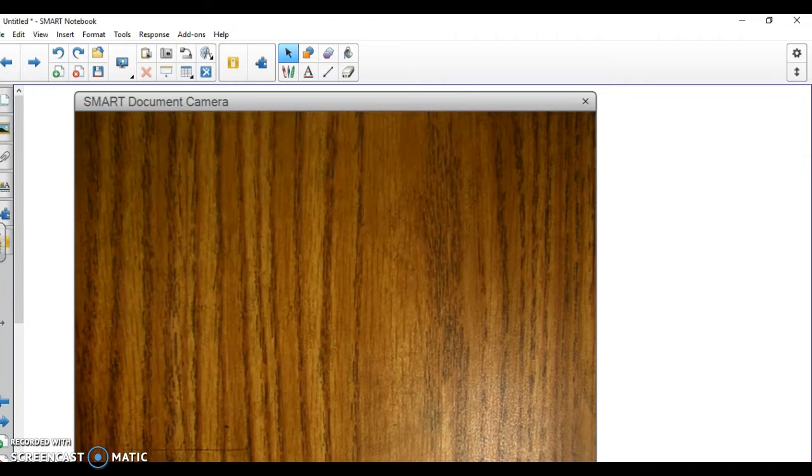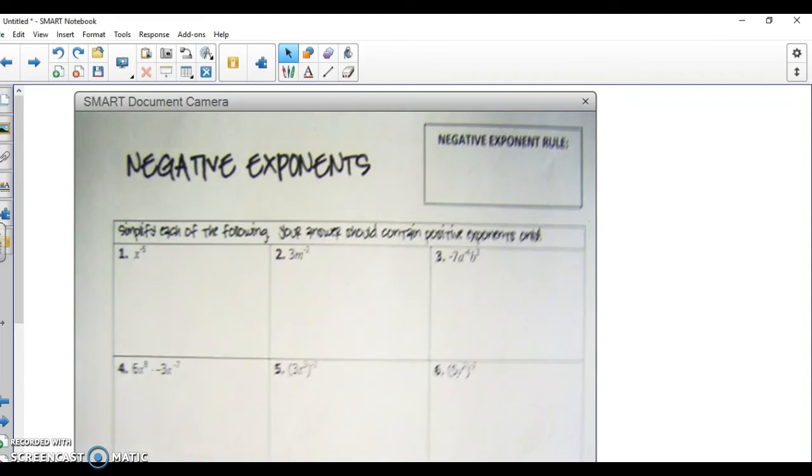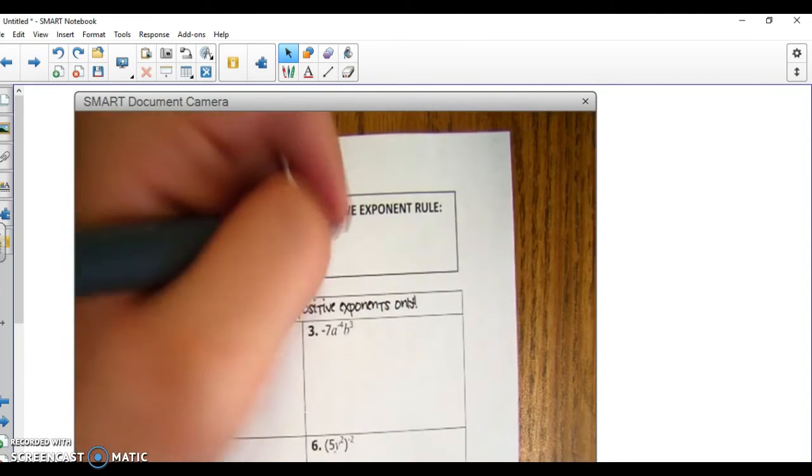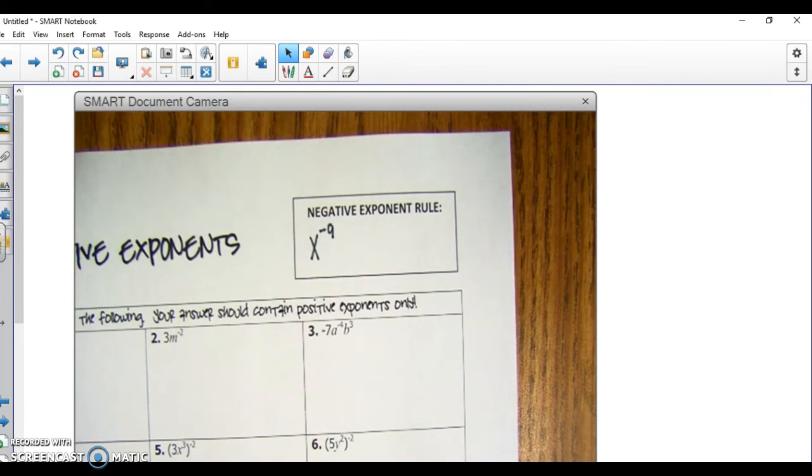So, our negative exponent notes. Our negative exponent rule. You should be familiar with negative exponents. I believe you learned that in pre-algebra. So, say you had something like x to the negative 9th power.